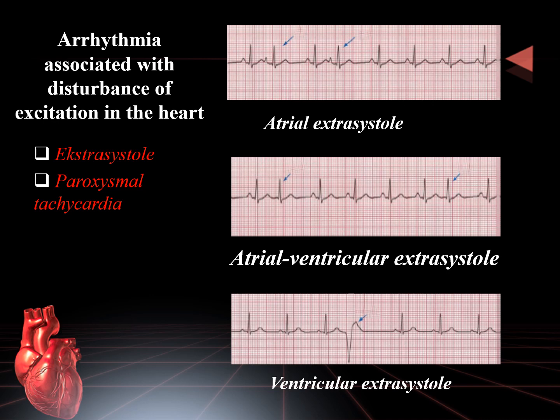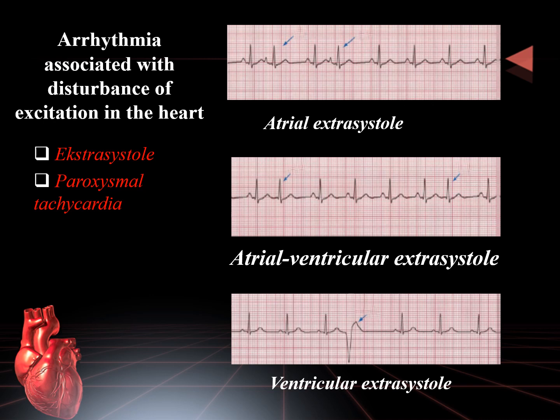If the impulse arises in the region close to the AV node, the excitation wave propagates in the opposite direction and the P wave becomes negative. In atrioventricular extrasystole, the source of the additional impulse is located in the AV node, and an excitation wave originating from the upper and middle parts of this node propagates in two directions.